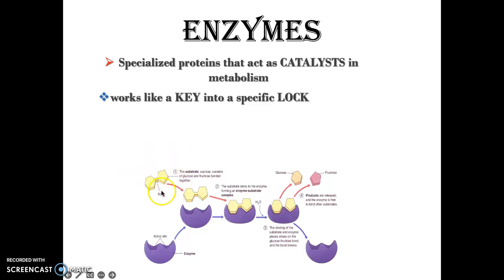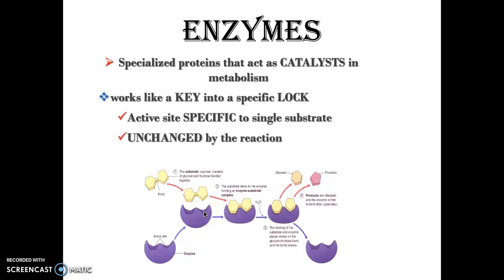So this substrate right here, and this happens to be a molecule of sucrose, a disaccharide, table sugar, is the key, and it will fit into this particular enzyme, the lock. Okay, and that is due to the shape of the sucrose molecules. You can see the two carbon rings here, and what is called the active site of the enzyme.